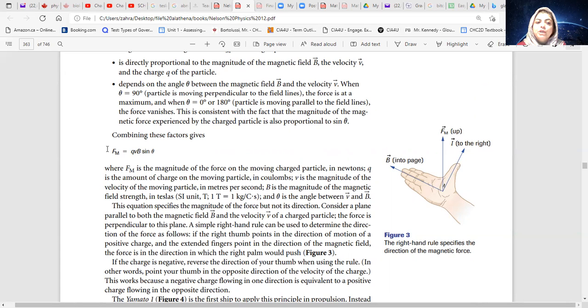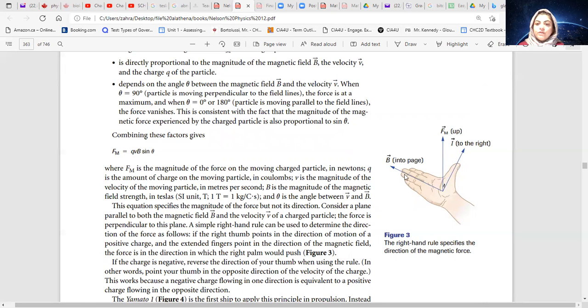Now, what is the direction of this force? We use the right hand rule. If this is an electron, you use your left hand, but if this is a positive charge, you use your right hand.